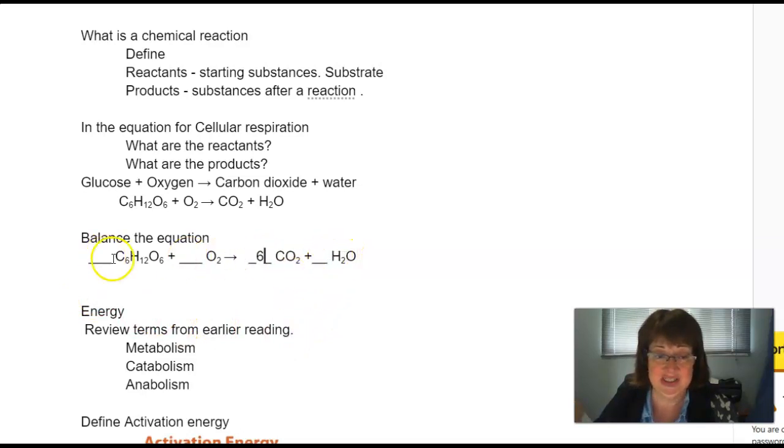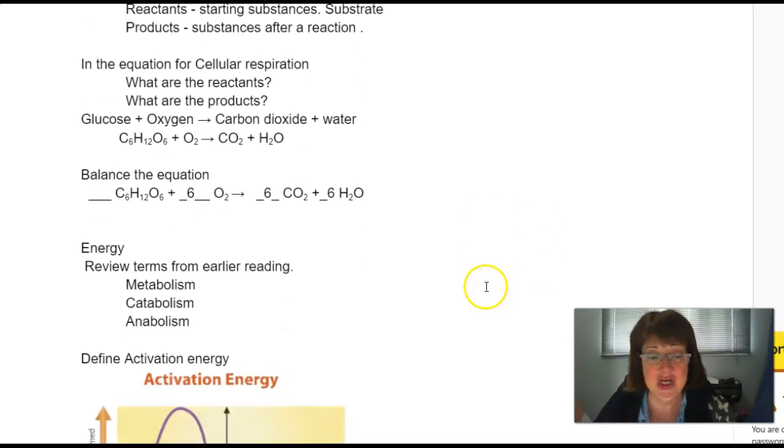We have 2 on this side and 12 on this side, so we put a 6 here, and now we have 12 hydrogen on each side. Then the trick is the oxygen: we've got 6, then 6 there, 12 there, and we end up putting a 6 there. Okay, so that is the way we look at the basic terminology for an equation.